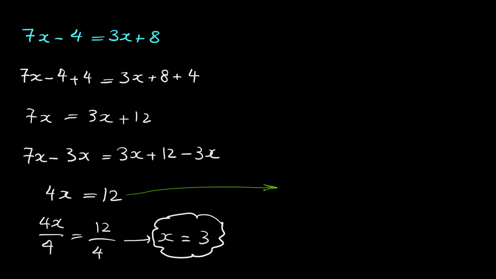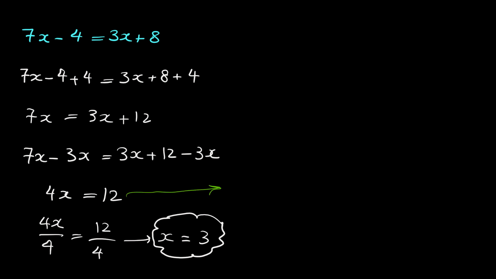In some textbooks, instead of dividing both sides by 4, they say to get rid of this 4, multiply both sides of the equation by the reciprocal of this number. We want to get rid of 4. How can we get rid of 4? By multiplying both sides by the reciprocal of that coefficient. The answer at the end is the same, but the process seems different.